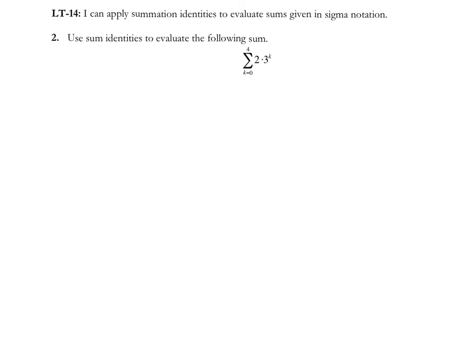The second sum identity on your sheet says that if you have a constant multiplied inside the sigma, you can multiply that constant outside instead. So what we can do is write this as 2 times the sum of 3 to the k from k equals 0 up to 4. So instead of multiplying by 2 on the inside, I can multiply by 2 on the outside instead.